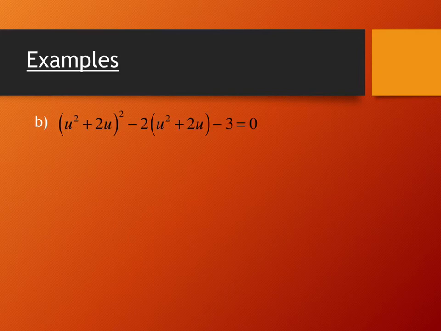But what I'd like for you to consider is sort of covering up the part that's in parentheses. Okay? The part that's in parentheses, let's say it were a u.